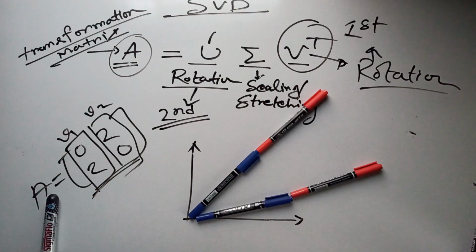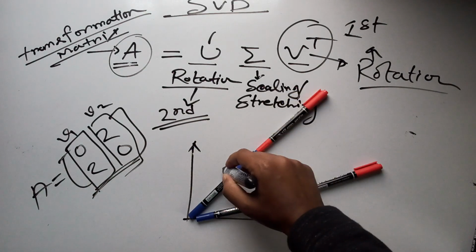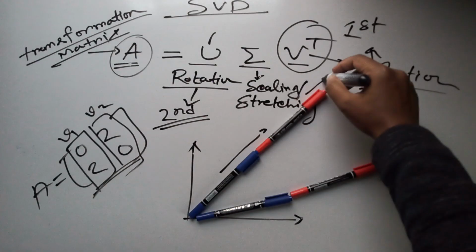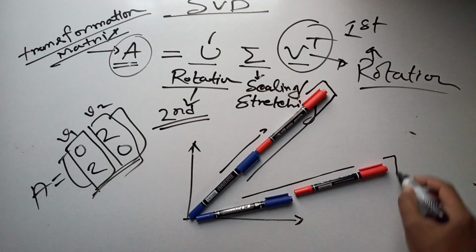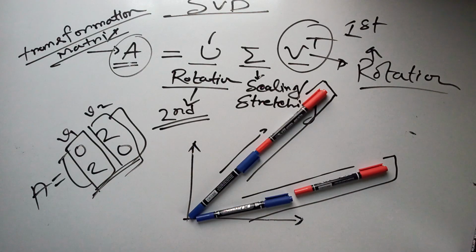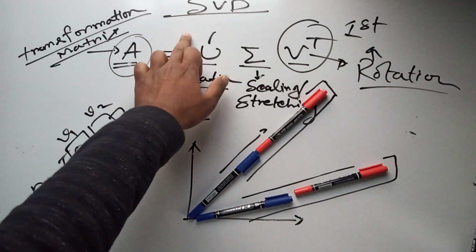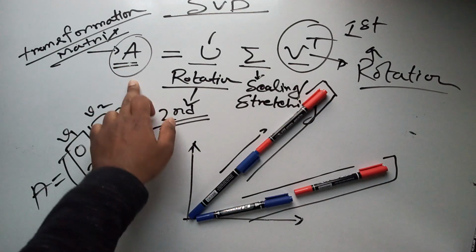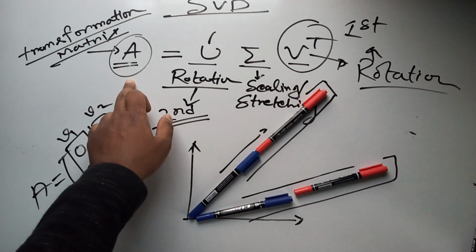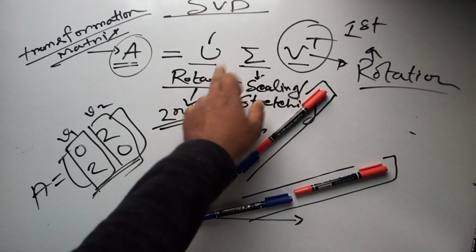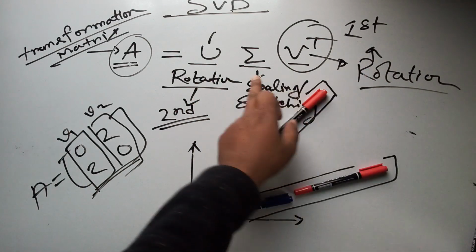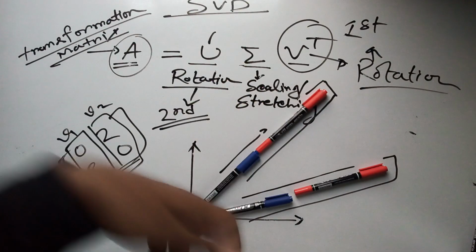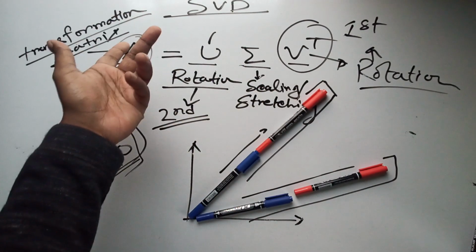Okay, so after multiplying by a vector, this matrix will get something shaped like this one. But what SVD is telling me is that this can happen if you do this as well. First you rotate, second you stretch, and the third one you again rotate in the opposite direction.